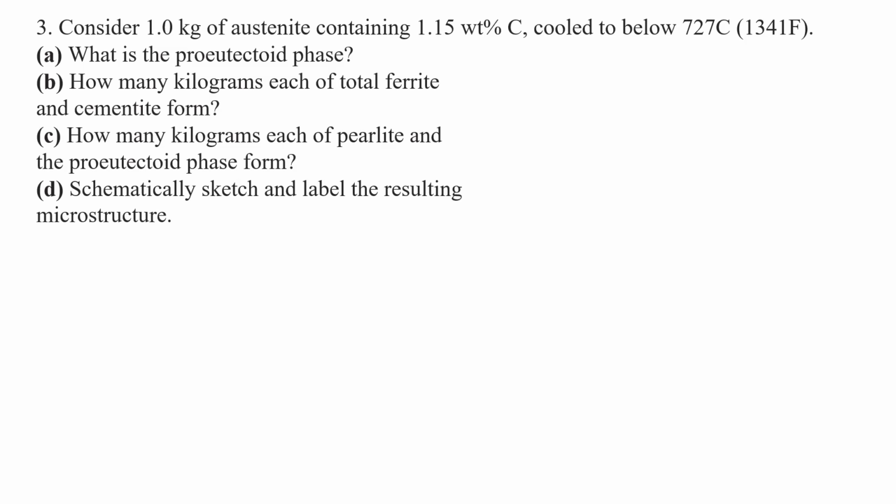So we have been asked, like, we have 1 kilogram of austenite. So austenite is basically the gamma phase containing 1.15 weight% carbon, cooled to 727 degrees centigrade, and we know 727 degrees centigrade is the eutectoid temperature. So we have been directly given the original concentration, which is 1.15 weight% carbon.